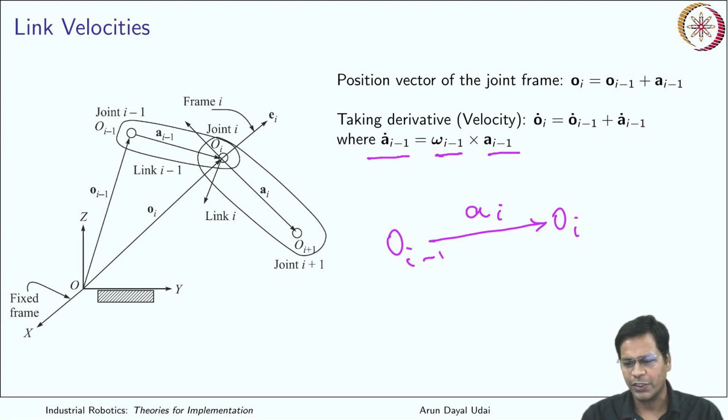So two different velocities it can acquire. One along the direction which is along the axis of this vector. So this could be one velocity if A is changing in magnitude. But there is another velocity if this is rotating with an angular velocity omega, and Ai is its magnitude.